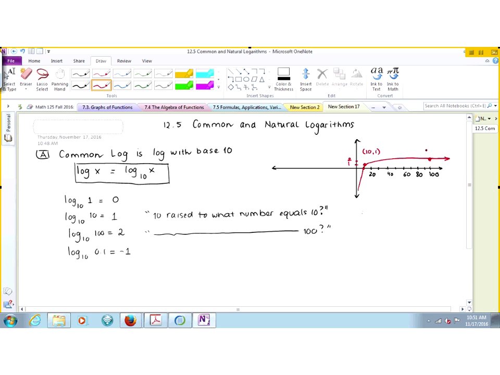Yeah, so this is 10, 1 and 100, 2. Let me make it a little bit better. All right, so this is y is equal to log base 10 of x. Same thing. The graph looks like that. Same as any other log.